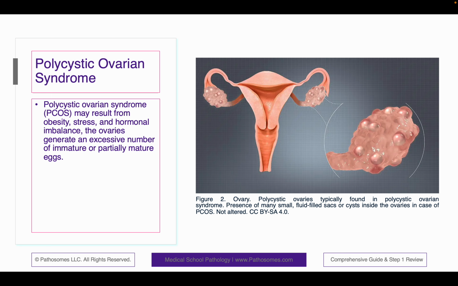The ovaries generate an excessive number of immature or partially mature eggs. This cartoon to the right here does a great job at representing what it looks like. See those fluid-filled sacs or cysts inside the ovaries? That's PCOS.